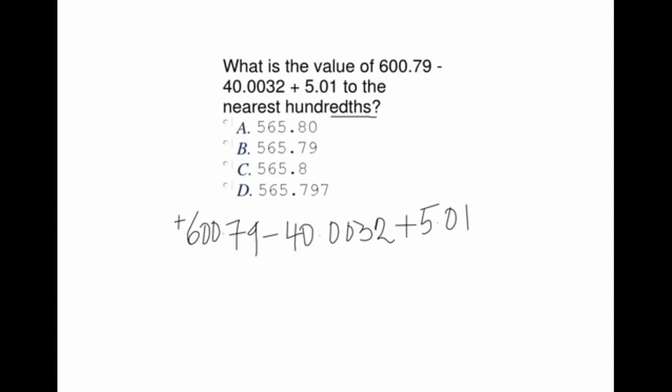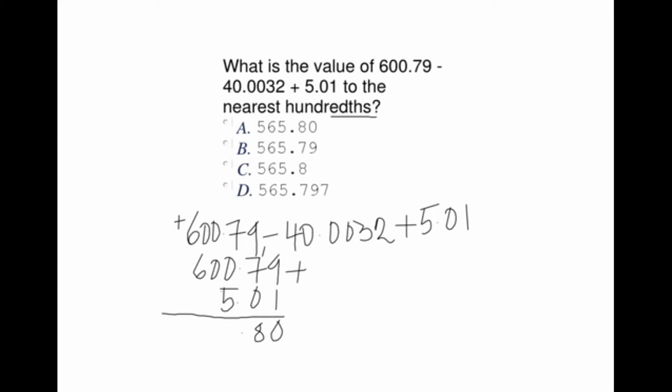So first let's start with addition. So we have 600.79 plus 5.01. This will give us 9 plus 1 is 0, we carry 1. We have 7 plus 0 is 7, plus 1 is 8.